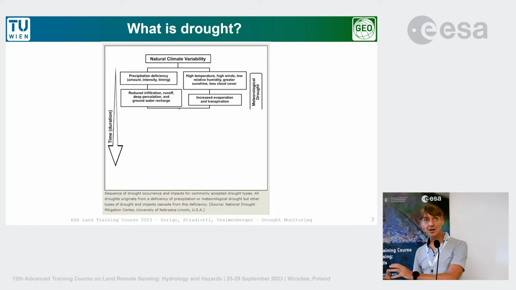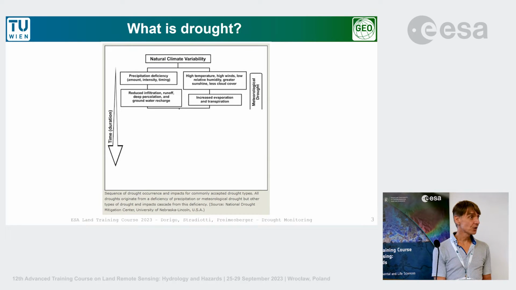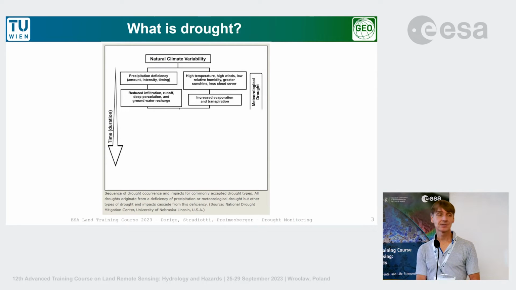On the other hand, there are other drivers, for example temperature and vapor pressure deficit, where a dry atmosphere causes strong evaporation. So there's also a connection to drought there. It's not only precipitation. If we look at these meteorological components, we speak of meteorological drought.